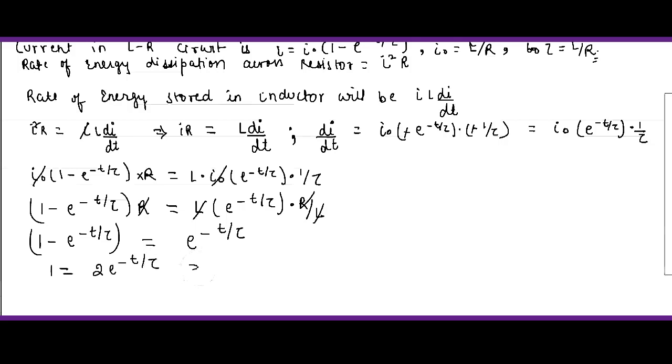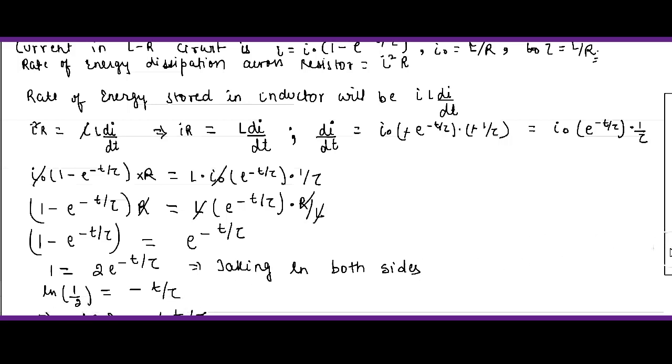Now taking ln on both sides, ln of 1 upon 2 is equal to minus t by tau, which can be written as minus ln 2 is equal to minus t by tau. Minus and minus get cancelled out.